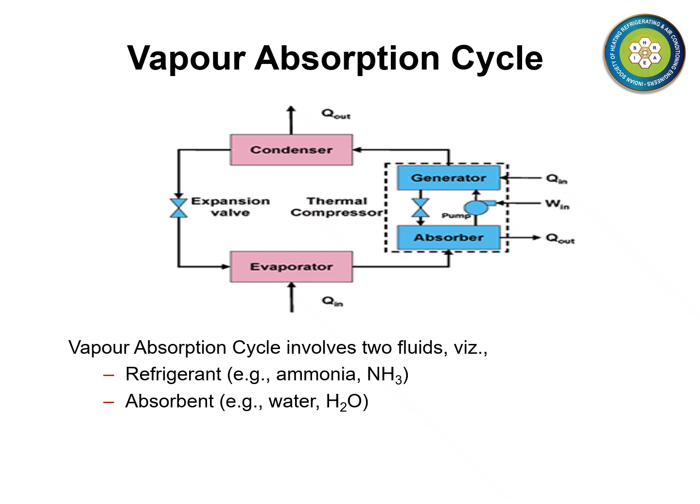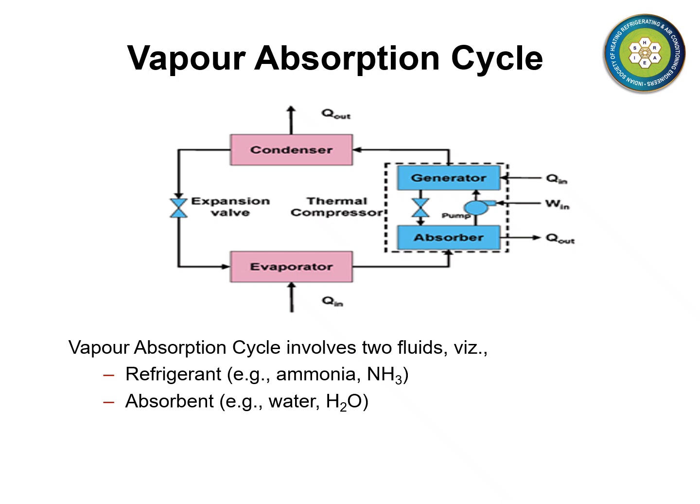The vapor absorption cycle involves two fluids, namely refrigerant and absorbent. The refrigerant plays the same role as in the vapor compression cycle, namely absorb heat in the evaporator and reject heat in the condenser.